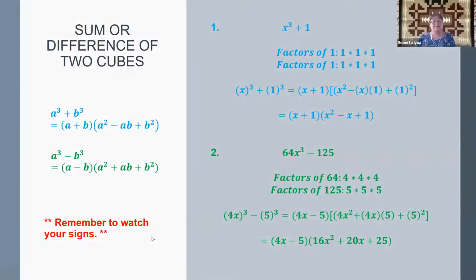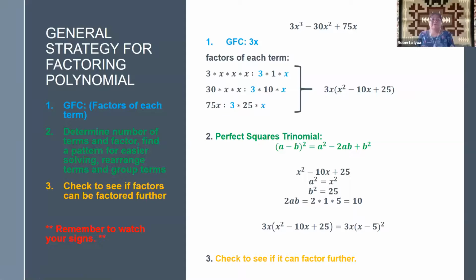My next slide is the general strategy for factoring polynomials. The strategy is to, one, find your GCF, the greatest common factor, for each of the terms, then find a pattern for easier solving, or rearrange the terms and group them.